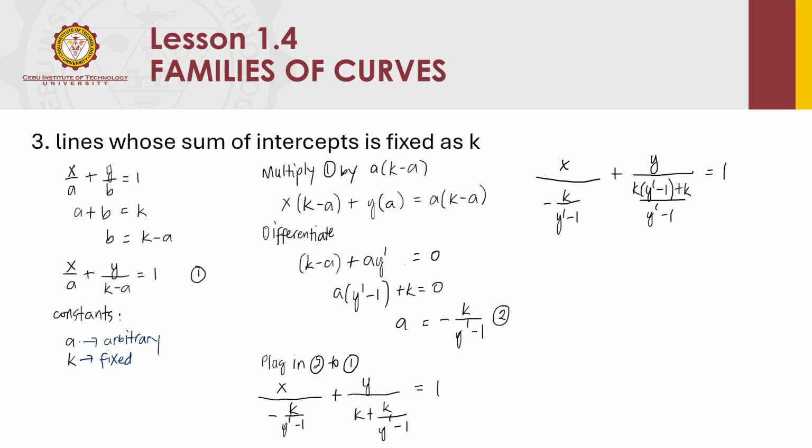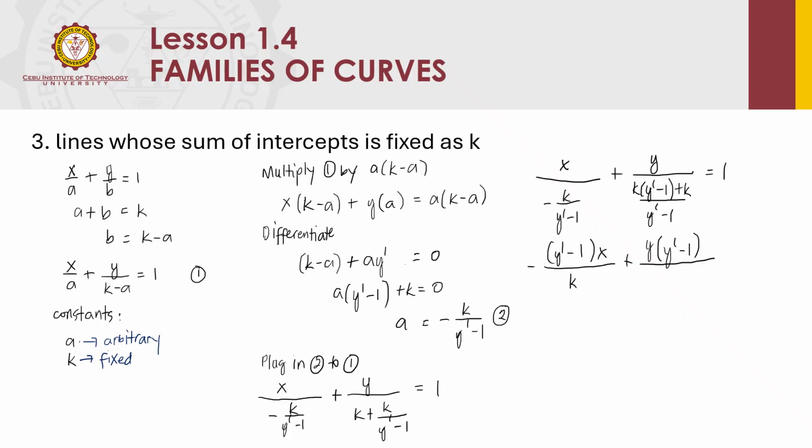And simplifying further, it's y prime minus 1 times x all over negative k, or we can put a negative sign here and the k here, and then plus y times y prime minus 1, k all over k times k.